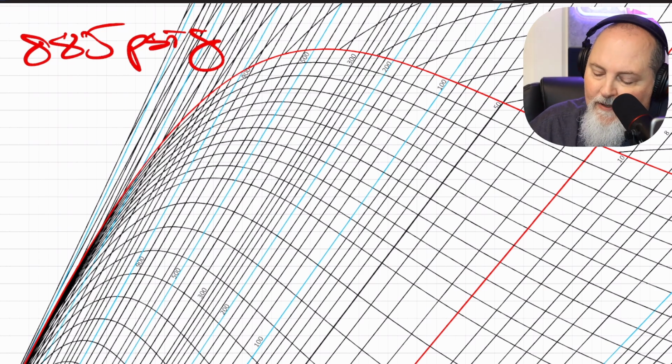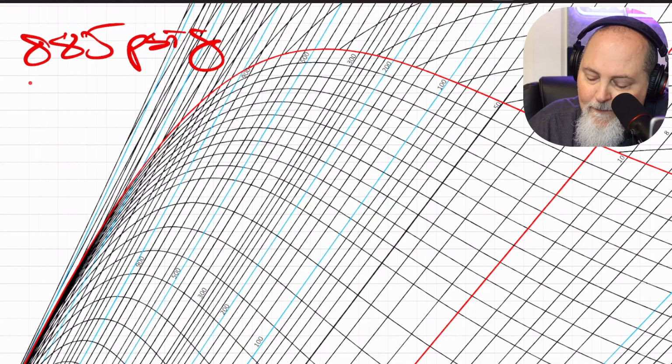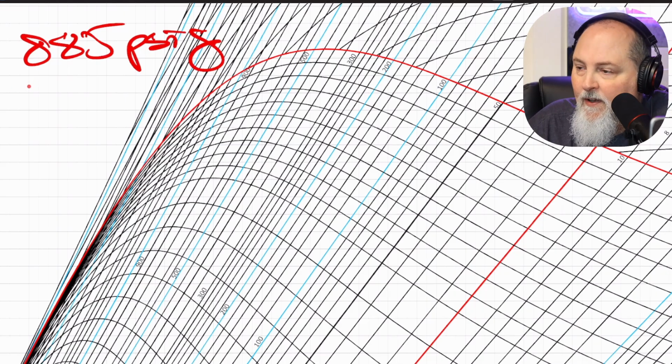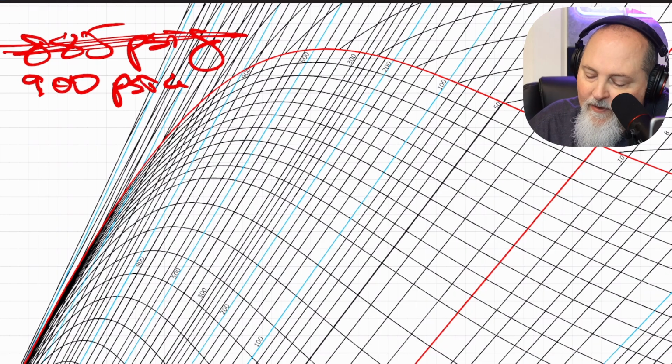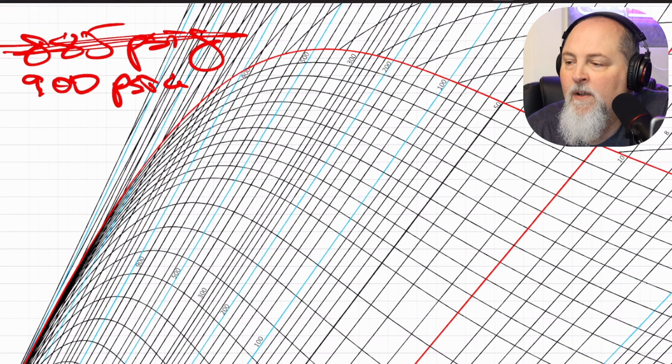So how do we convert this to PSIA? Well, we add 14.7, and we can round it off a little bit when you're dealing with a chart like this. So we'll add 15, and that gives us 900 PSIA. Okay, so we're going to be using 900 PSIA.